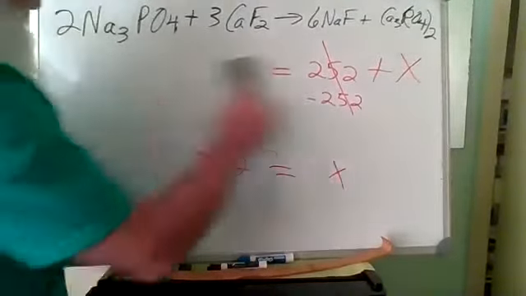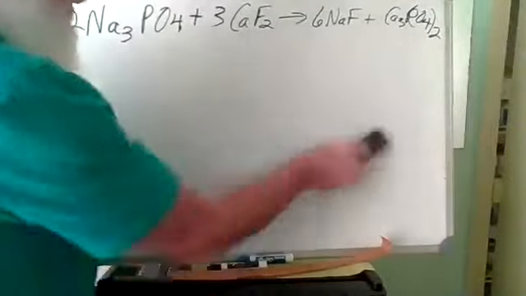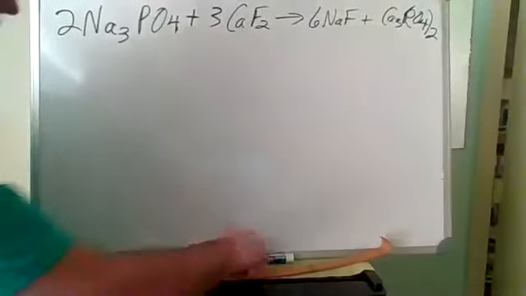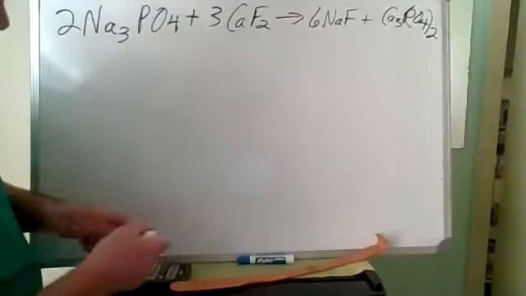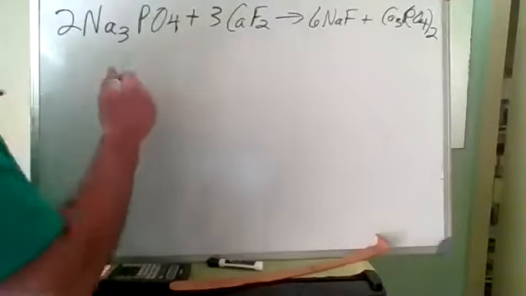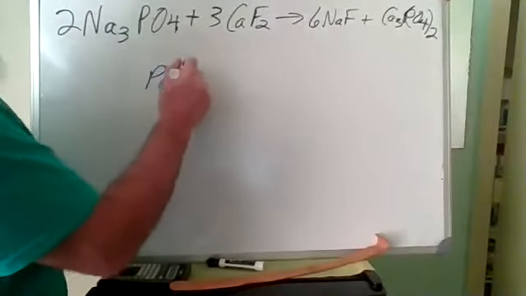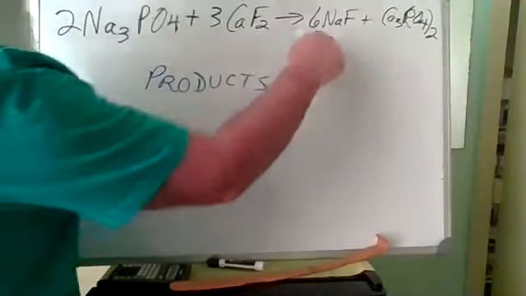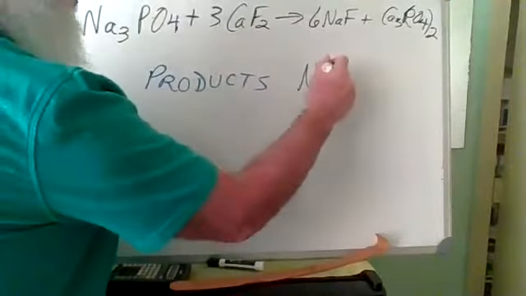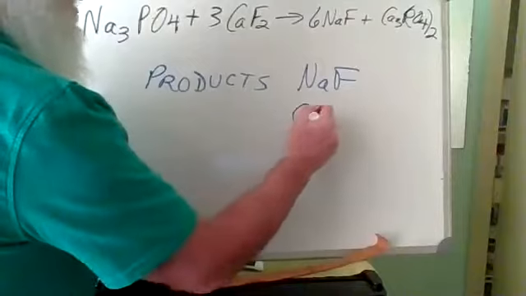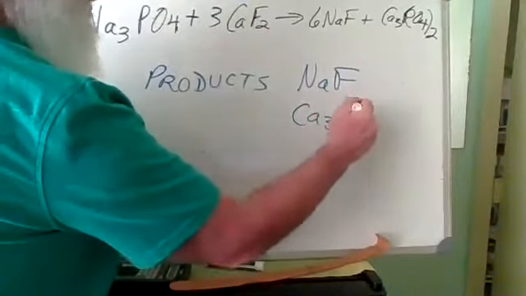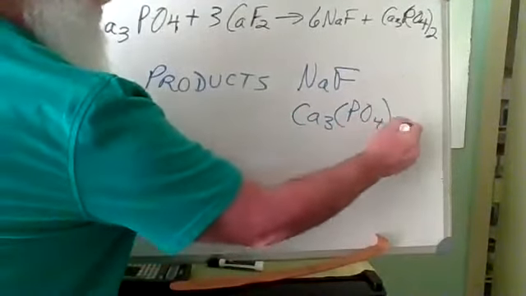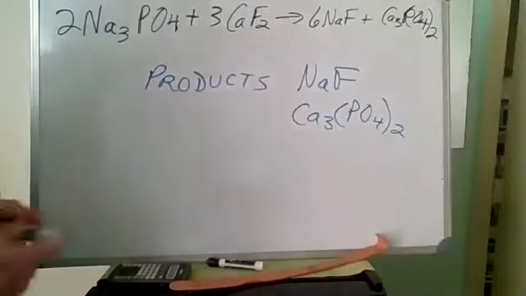Okay, so let's identify what the reactants are and what the products are. All right, so the products are NaF and the calcium phosphate. What are the reactants?